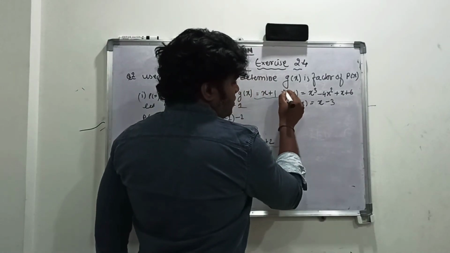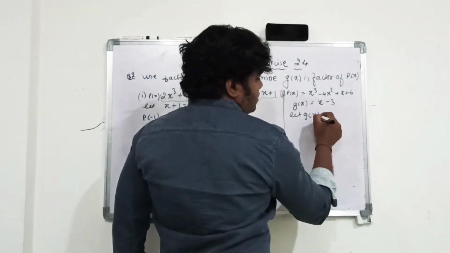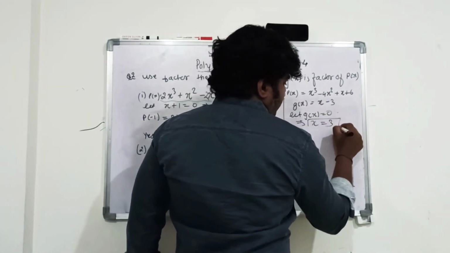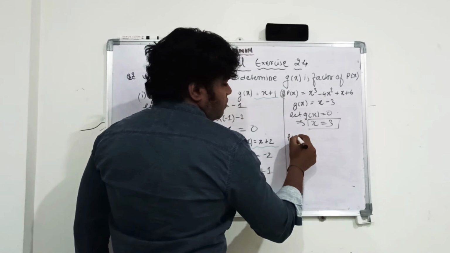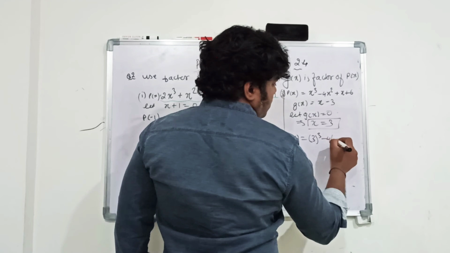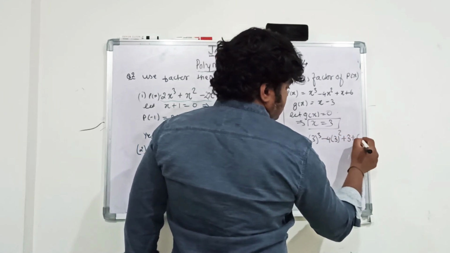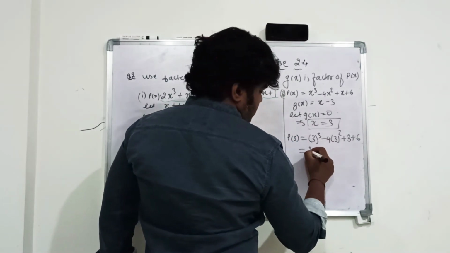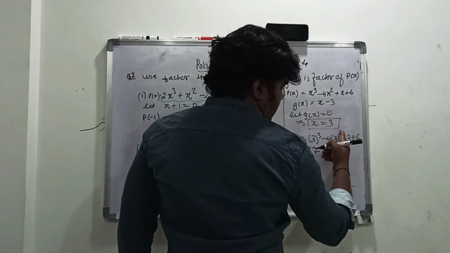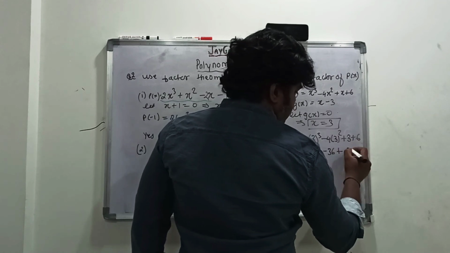Now we'll go for question number 3. P of x is equal to this, and let g of x be equal to 0, which implies x is equal to 3. Now we got x as 3, so we can put p of 3 in this equation: 3 cube minus 4 into 3 square plus 3 plus 6. 3 cube is 27. 3 square is 9, 36 plus 3 plus 6, 9.